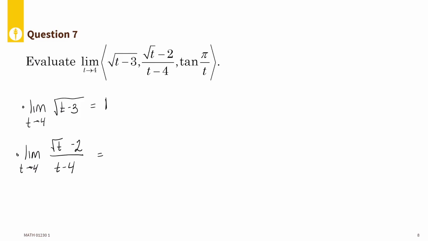How'd you get it? Zero over zero in the t minus 4.